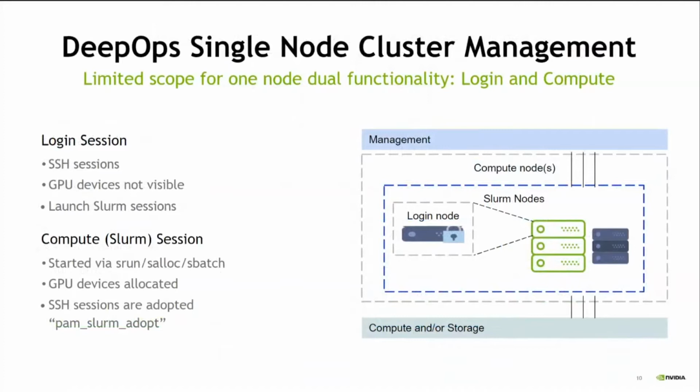So in this case, DeepOps limits what it is going to deploy. Because what you're trying to do is set up compute functionality, but also have it manage login sessions. Login sessions are meant for regular SSH sessions, or however the users log on to the machine.